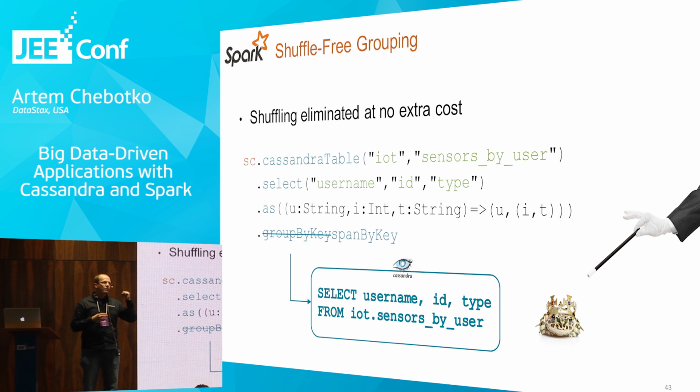So if you replace group by key with span by key, Cassandra can do all of that for you. The Spark Cassandra connector is going to set the appropriate partitioner on your resulting RDD, and there will never be a need for shuffling. So you can see even our SQL query didn't change. We just eliminated the shuffling here in Spark.